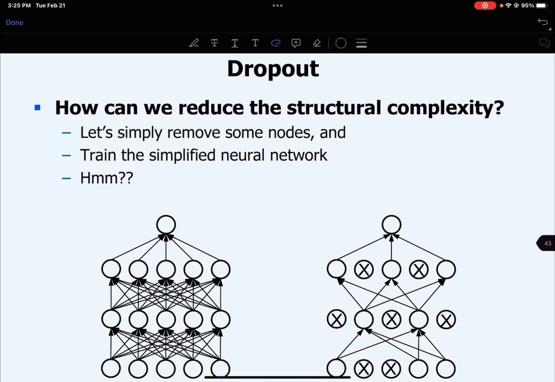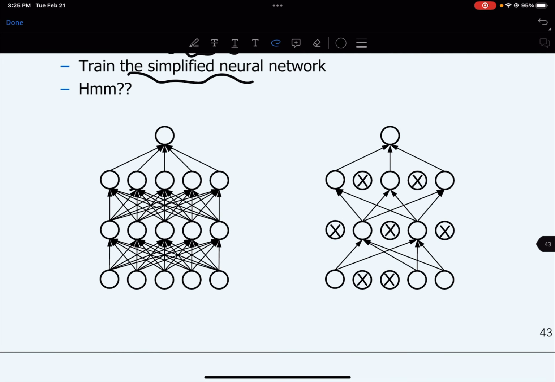So how can we reduce the structural complexity? We have seen that the model is really complex, and how can we reduce this complexity? So one way of doing this is to simply remove some nodes, and then we train the simplified network. So if we remove this node, then some of the nodes that are linked to this node, we are randomly selecting some nodes to remove from the network.